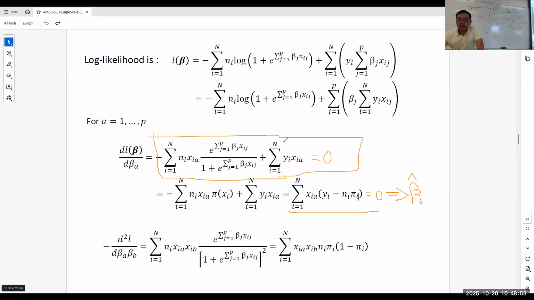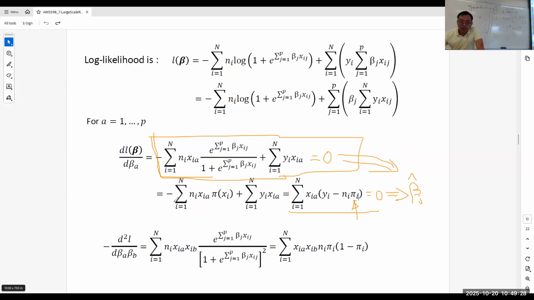I put pi i here just to show how everything is connected, but pi i is actually not our parameter. The parameter is beta. Setting this to 0 gives you beta j hat, but beta j hat is a nonlinear function. So to solve this problem, we have to go through numerical optimization.